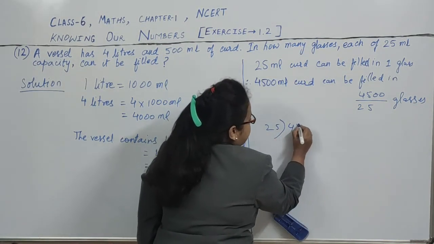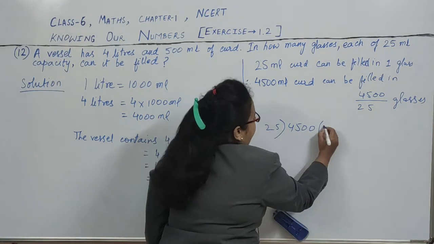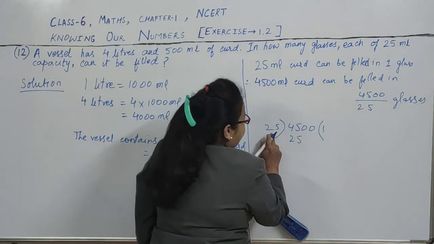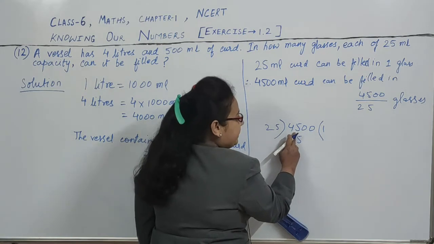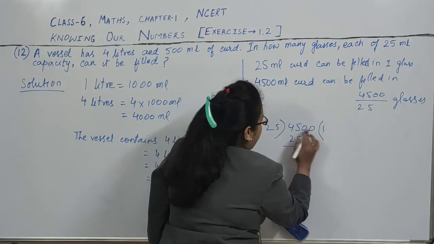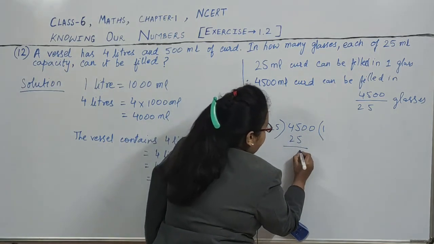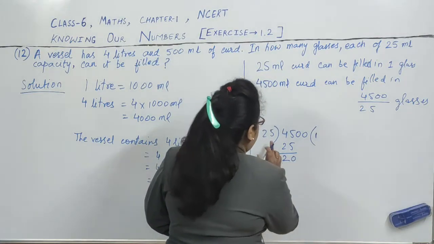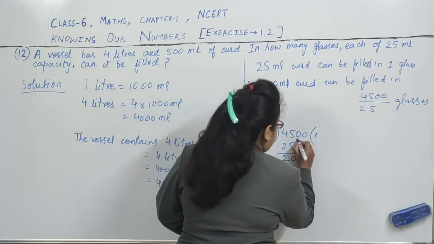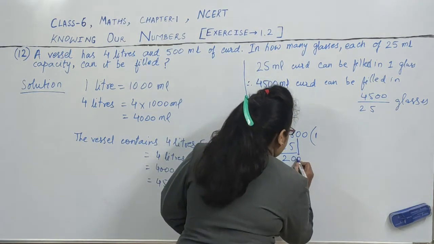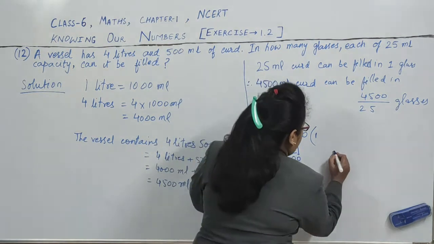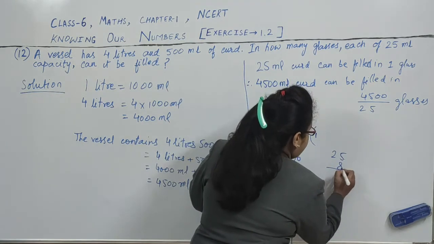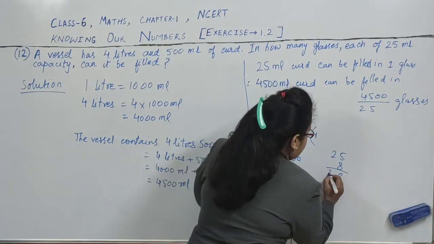25 ones are 25, because 25 twos are 50, which is greater than 45. So we cannot do that, we take 25 ones are 25. Now it is 20, which is smaller than 25. So we will take this 0 down. This is 200. So we check, 25 8s are 200.